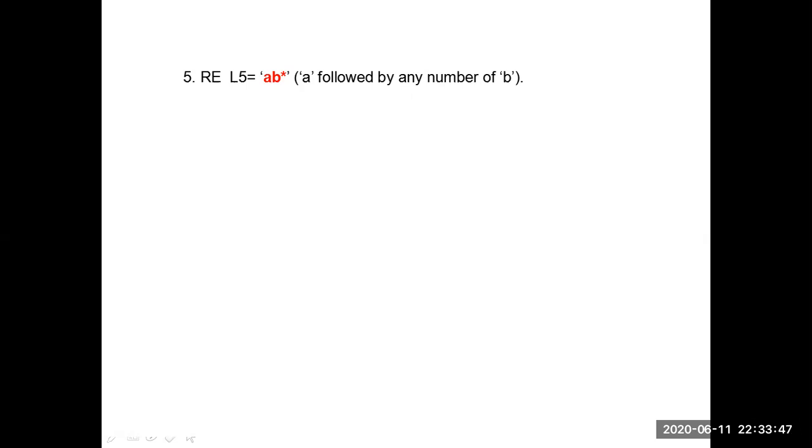A single A must be there, but any number of B's: 0 B's, 1 B, 2 B's, 4 B's, like that. After A, any number of B's can be there.